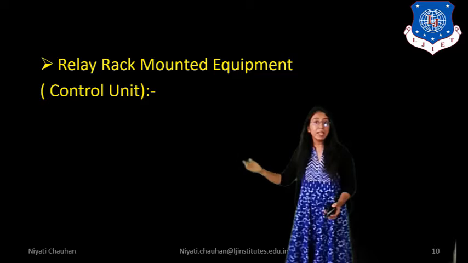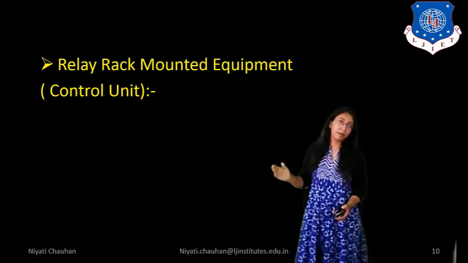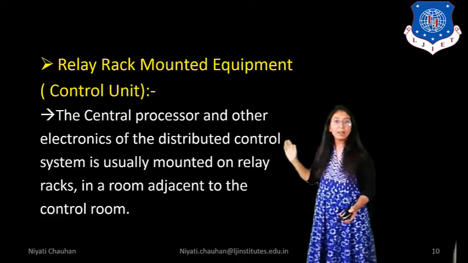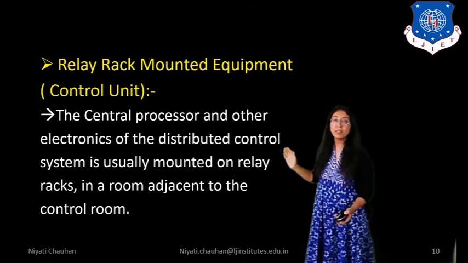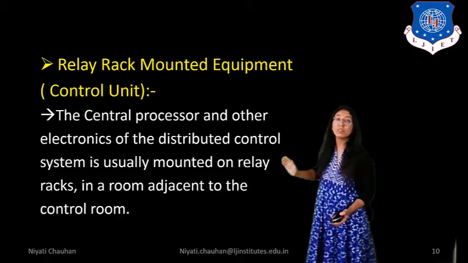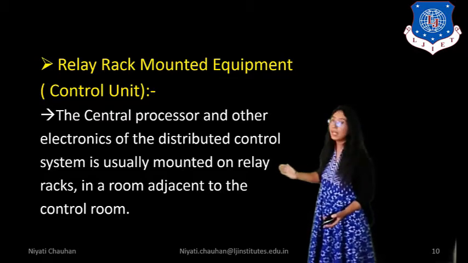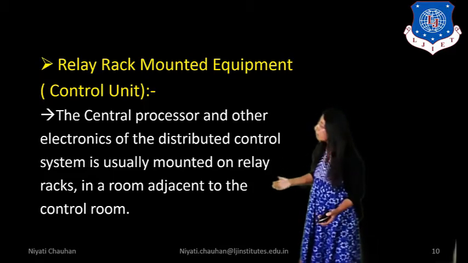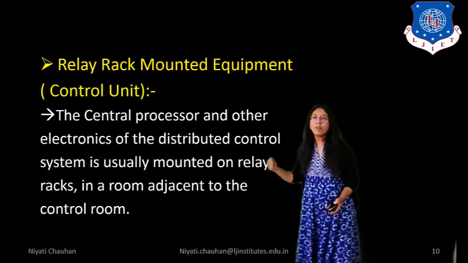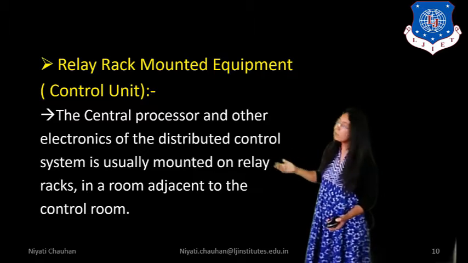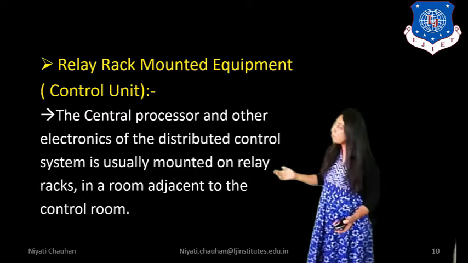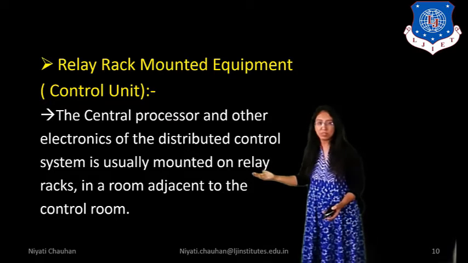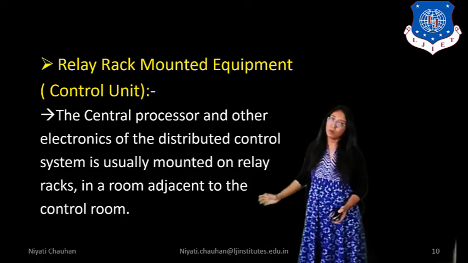Next is relay rack mounted equipment, that is the control unit. The central processor and other electronics of the distributed control system are usually mounted on relay racks in a room adjacent to the control room. So all components of the distributed control system are mounted on a control panel, which is placed adjacent to the control room.